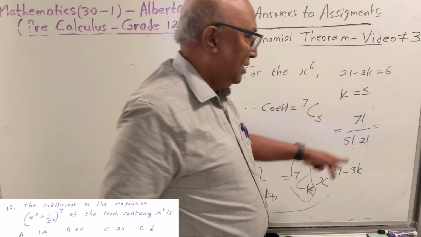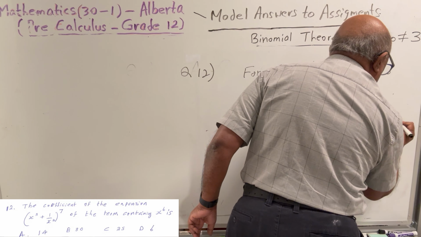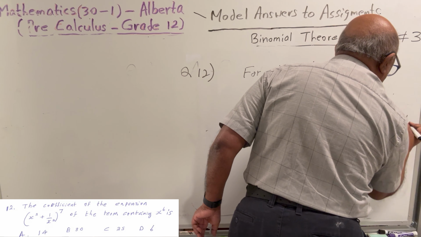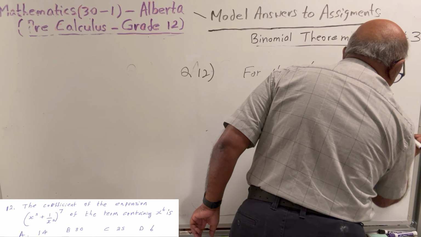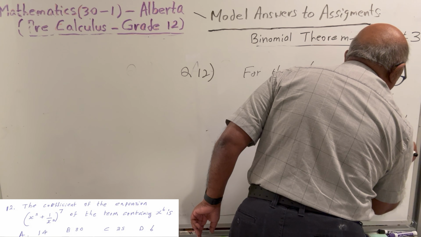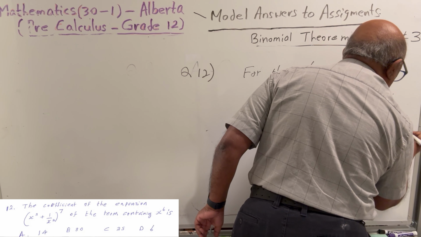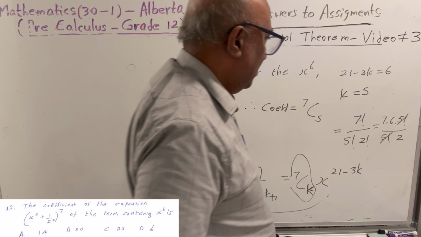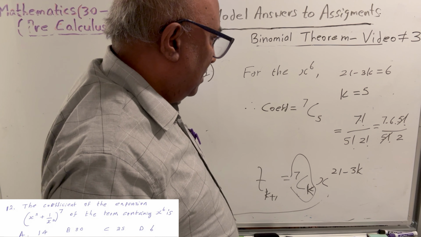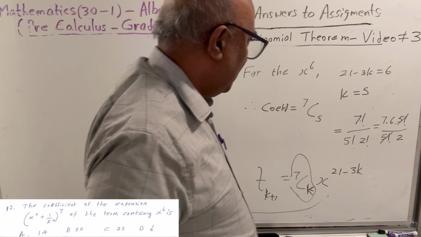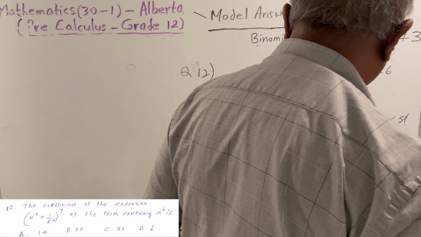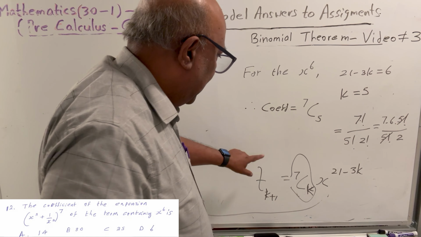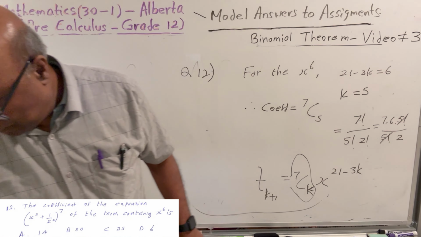Factorial 7 means 7 times 6 times factorial 5. As I see factorial 5 here, factorial 2 means 2 times 1. You can cancel this and this. Okay, now what's the answer then? Let's check it again.